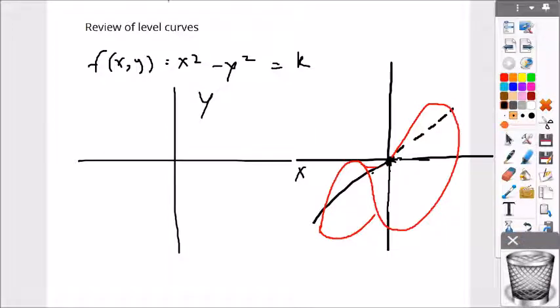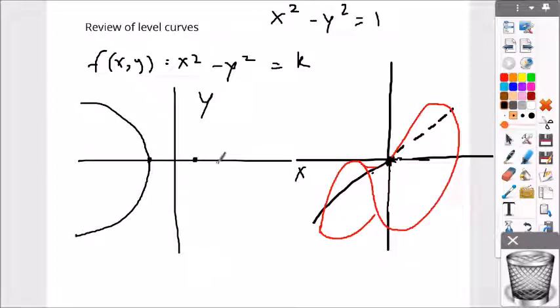So what you're going to get is something like x squared minus y squared is equal to 1. So at k equal to 1, we have an x-intercept of 1, and we have hyperbolas. We can graph them like that.